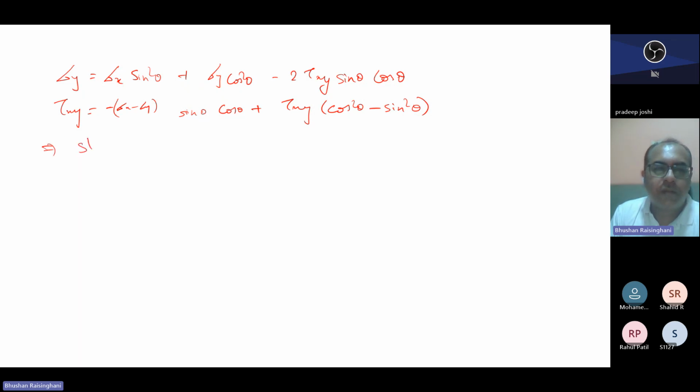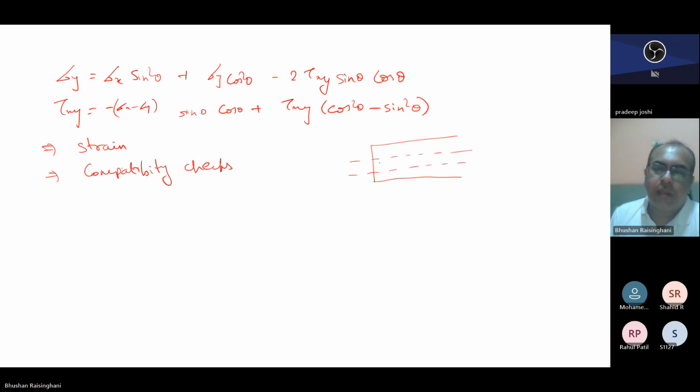Now after that, you will have to derive the strain, and you have to do the compatibility. Only thing is, I told you that we are not considering thickness in the thin shell or the plate element, but when it comes to a thick shell, we have to consider the thickness, and you have to model, like this is a slab, the slab in layers if it is a thick element.